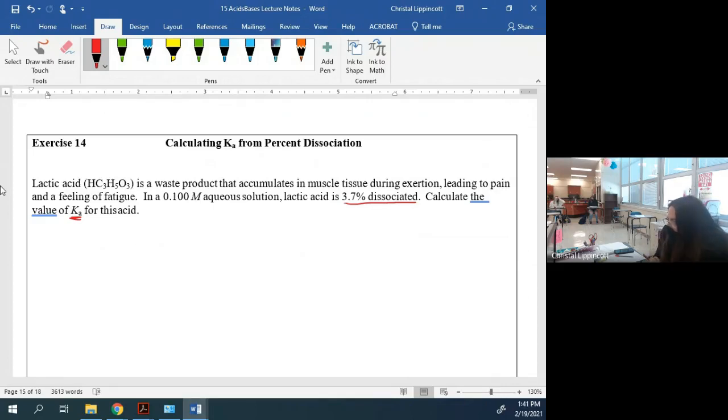So if I know that this is 3.7% dissociated, I'm going to take this value times 0.037. That's going to give me the molarity of my H plus concentration.